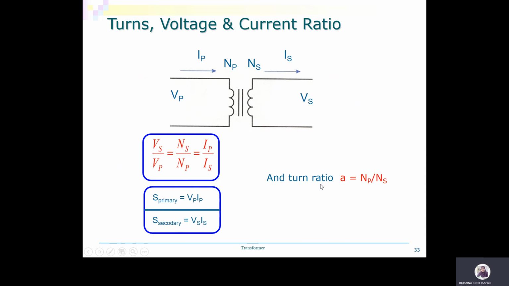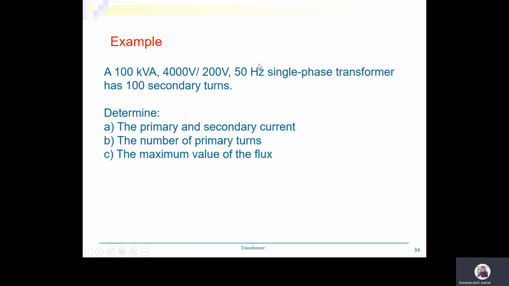And then the turn ratio is Np over Ns, where N is number of turns at primary over number of turns in secondary. So this is the basic diagram for transformer, which explains the coordination of primary side and secondary side.